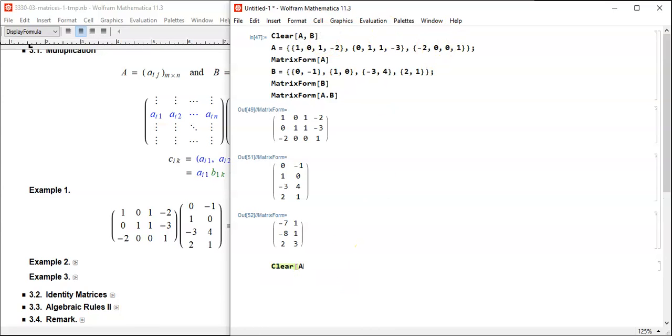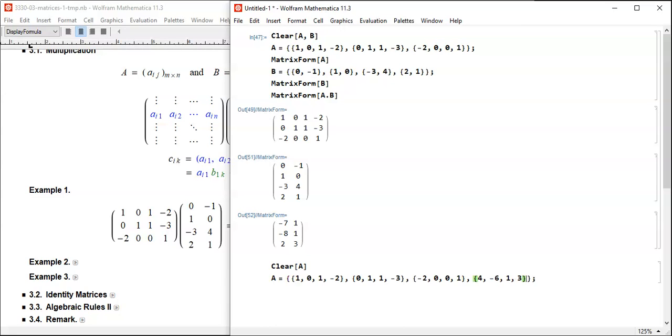It's always a good idea to clear the variable before starting anything. And then let me see. Let me copy and paste this. So this is a 3 by 4 matrix. There are 3 rows. Let me just add one more row. -6, 1, 3.